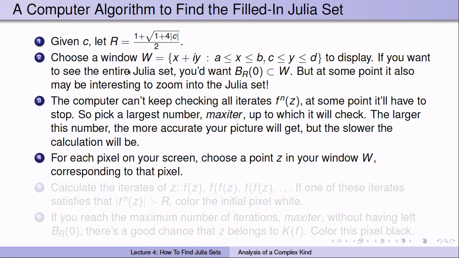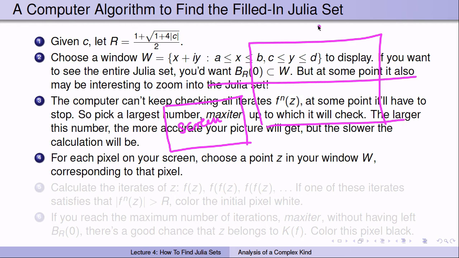For each pixel on your screen that you'd like to color, choose a point z in your window. So you need to find a correspondence between your screen and the window you chose for your Julia set, which you had chosen probably large enough to contain that ball of radius r.